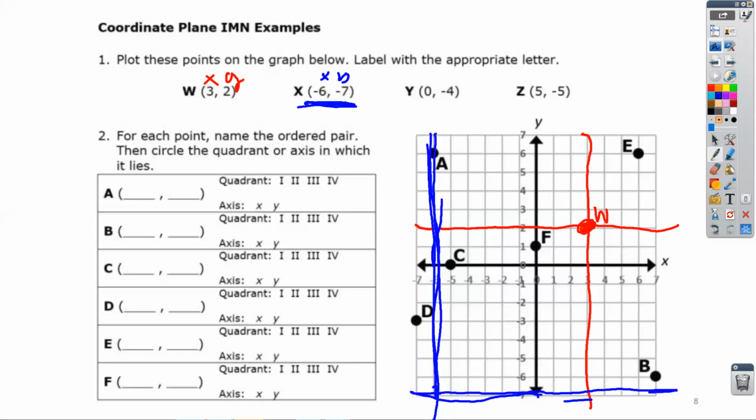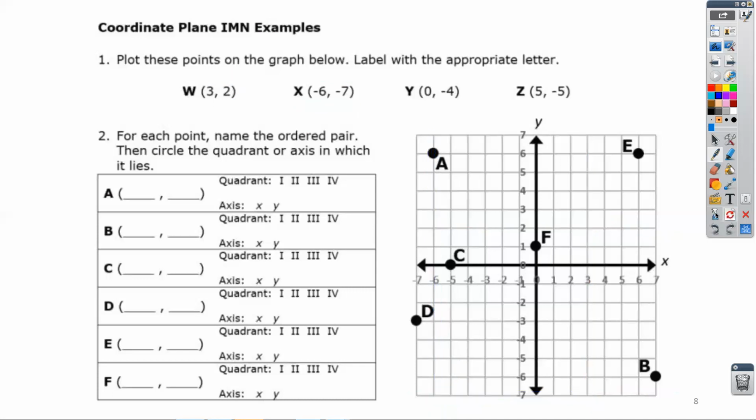And where they meet is your X coordinate. Now, as you can see, doing it this method is really making the graph look a little messy. So just be careful whenever you do that. Try not to get it too messy, or use a pencil and erase if you need to, however you need to do it.